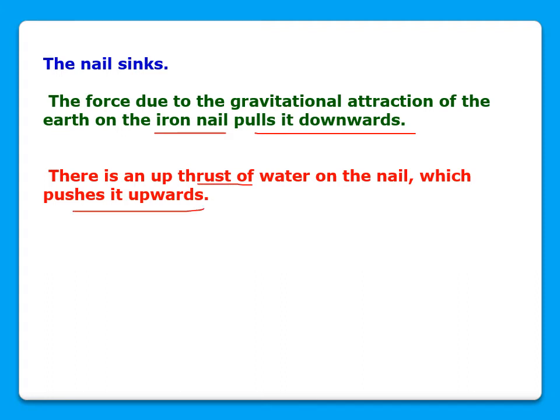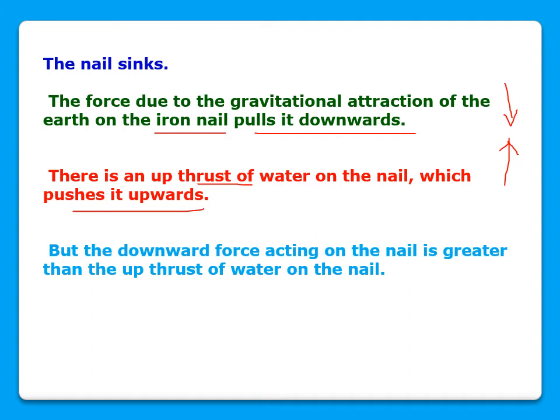On both sides it is feeling a force. In this direction it is feeling a gravitational attraction, but in the upward direction it is feeling a buoyant force. Now the downward force acting on the nail is greater than the upward force, and that is why the nail sinks. Very much clear.